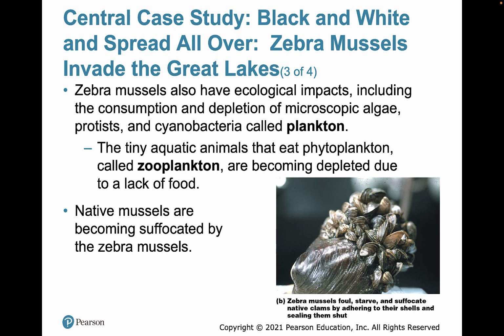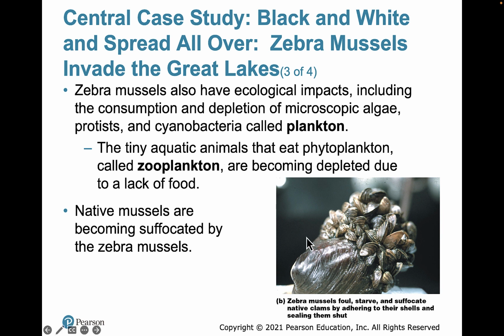So that's human impact. If we talk about ecological impact, they're filter feeders, right? So they ate the algae, the phytoplankton that were in the water. They screened it out, filtered it out. So then the organisms that eat the phytoplankton, the zooplankton, become depleted. And then the organisms that eat the zooplankton become depleted. It's something we're going to talk about in a little bit.